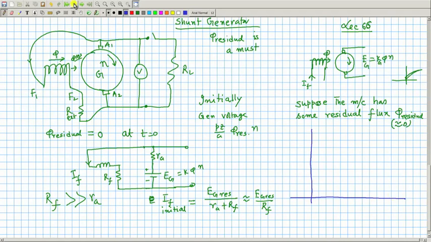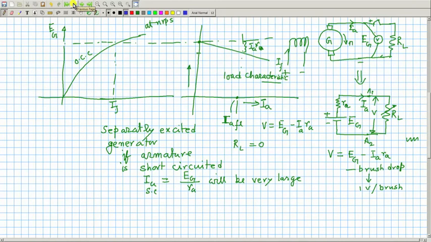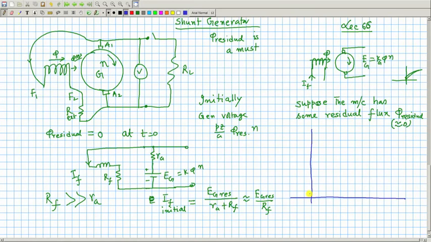In the previous case, we have seen the same machine I have connected like this, I know what the OCC is all about. So, I am telling that for this shunt generator, I know the OCC for this machine when it was connected as a separately excited generator. Mind you, this characteristic is for separately excited generator.